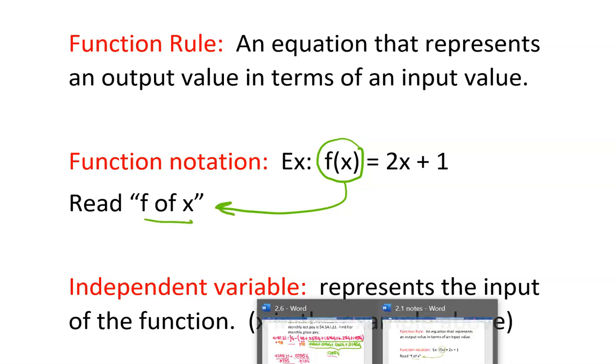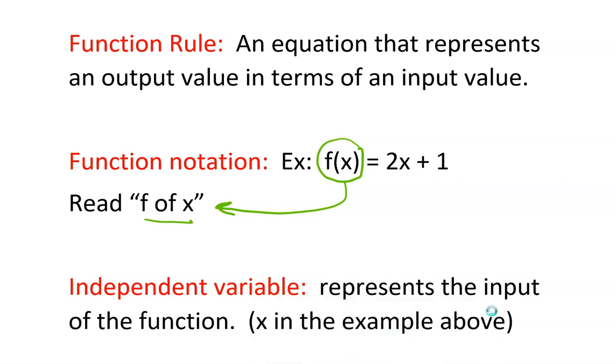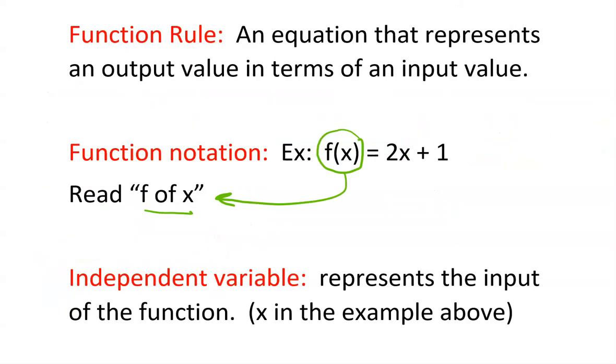So instead of saying y equals 2x plus 1, it is f of x equals 2x plus 1. Function notation looks like an equation with a y equals, except it has f of x, meaning the function is in terms of x.